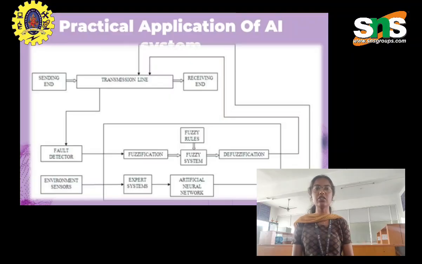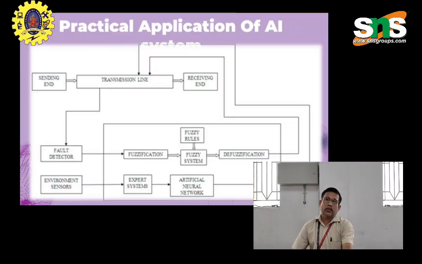The AI application: when a potential fault is detected by a fault detector or when unusual environmental conditions are reported by the environmental sensor, the expert system would use rules to confirm the fault, identify the type of fault, initiate a remediation step, and provide information to the neural network.